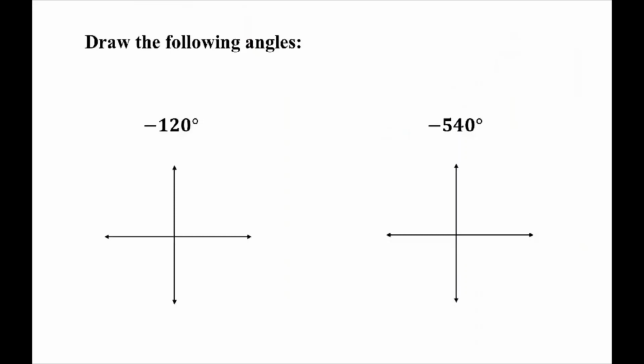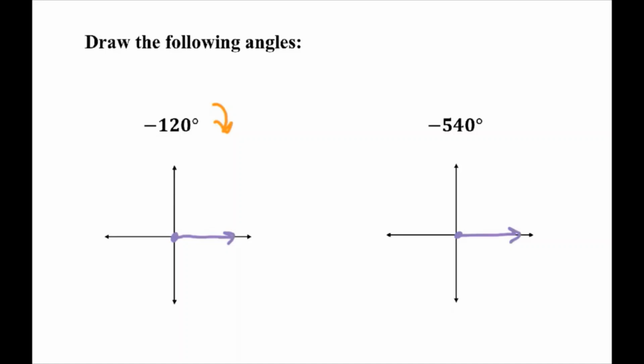Now, in this question, I'll ask you to draw negative 120 and negative 540. Well, we need to think about it. If I'm saying negative, then I'm going in the clockwise direction. Remember that the vertex should be at the origin, and the initial side on the positive x-axis. Now the terminal side is something else.